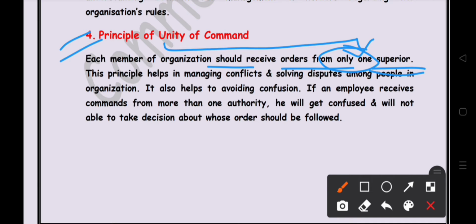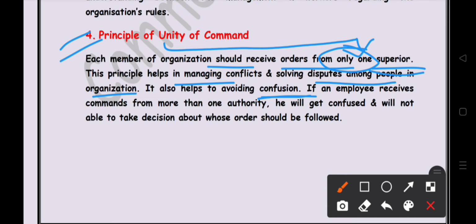This principle helps in managing conflicts and solving disputes among the people in the organization. It also helps to avoid confusion, because if you are getting a command from one particular authority, you will be clear about your targets and goals. If you get multiple commands from multiple authorities, confusion will be created about which command I should follow and what targets I need to achieve.